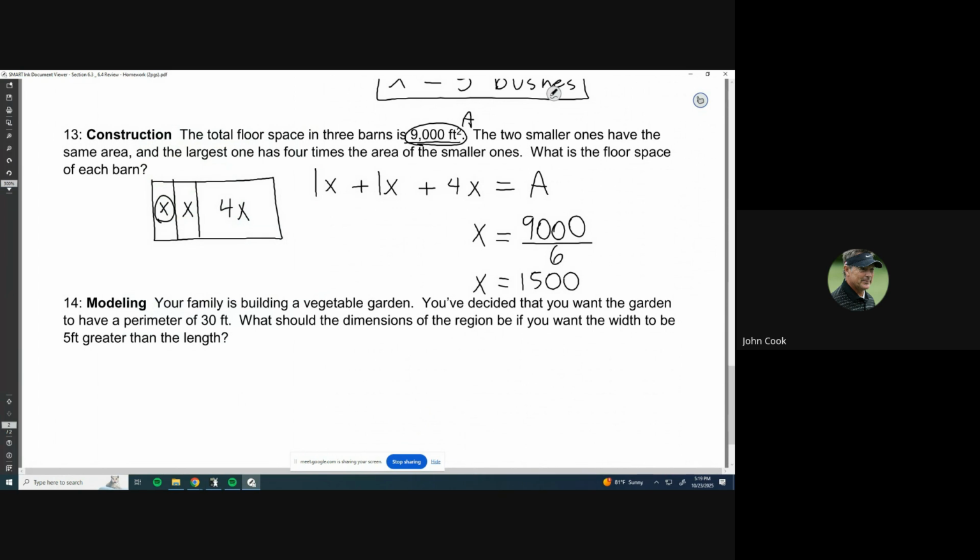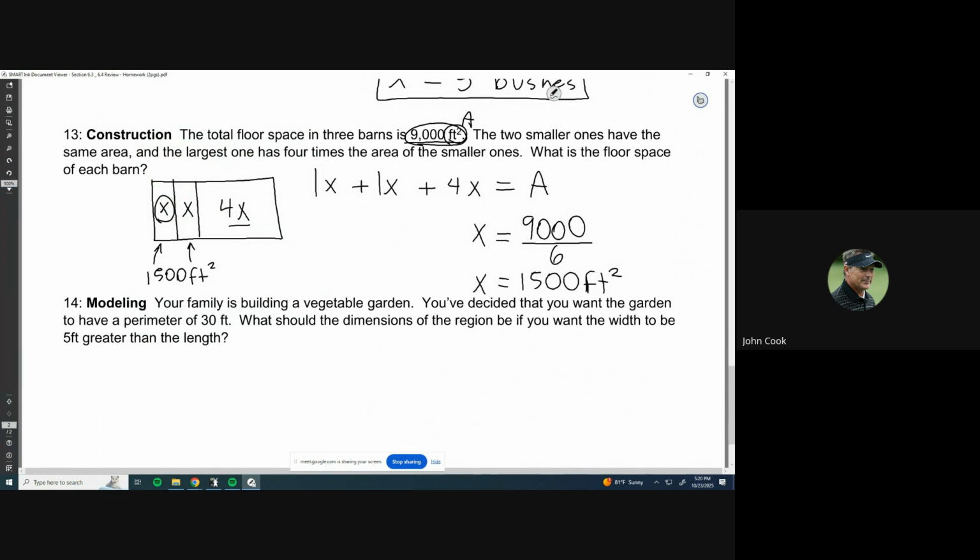Now, I also have to know that the small area of the floor space, it's a word problem, so I have to check for units. And since this is area, it's going to have units squared. So I see that in there. It's feet squared. It says to find the floor space for each barn. So for this small barn and for this small barn as well, both of those are going to be 1,500 feet squared.